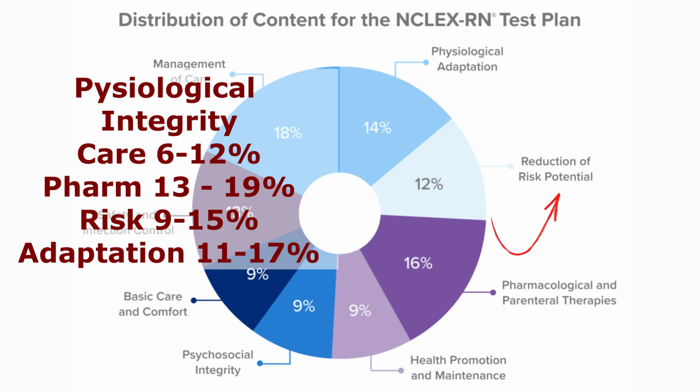Reduction of risk potential will make up, client need-wise, 9 to 15% of the NCLEX. Content-wise, it'll be distributed. Approximately 12% of your exam will be reduction of risk potential, which would be identifying and mitigating potential risks to client safety and well-being.